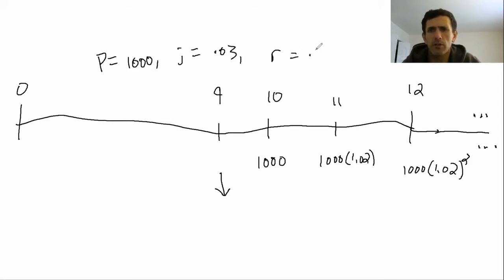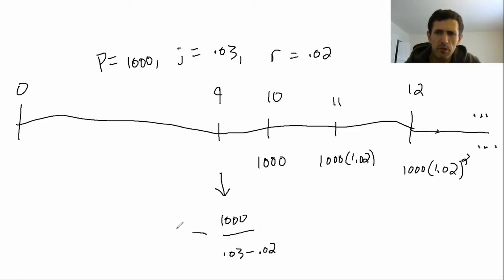Payments increase by 2% each year. That's all we need to plug into our formula. So it's 1,000 over J minus R. So, sorry, that's 0.02. So it's obviously 100,000.